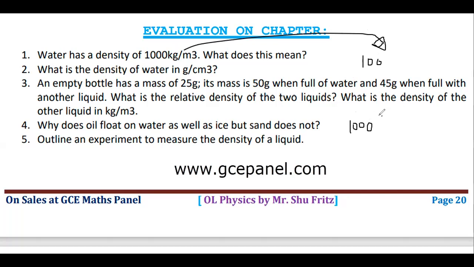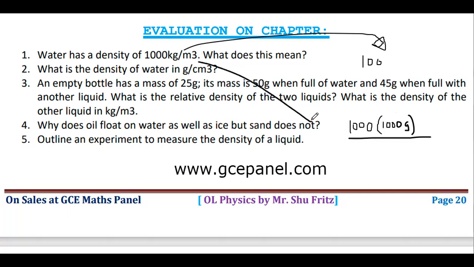Now we are going to convert kilograms to grams. So instead of writing kilogram, I'm going to replace kilogram by 1,000 gram. Then below, all over cm cube. So I'm going to also replace meter cube by cm cube.